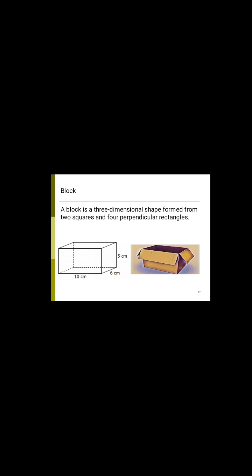Second, the ribs of the same direction are the same length. Third, the diagonals of the plane on the opposite sides are the same length. Fourth, the space diagonals are the same length. Fifth, the diagonal plane is rectangular.